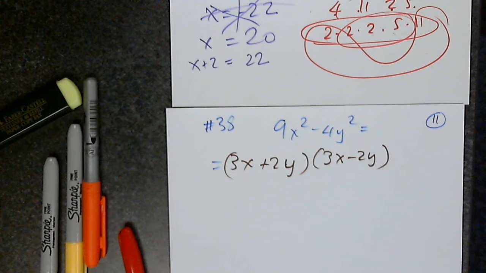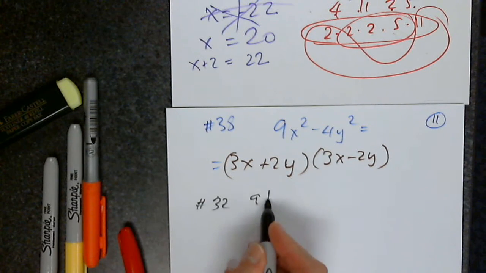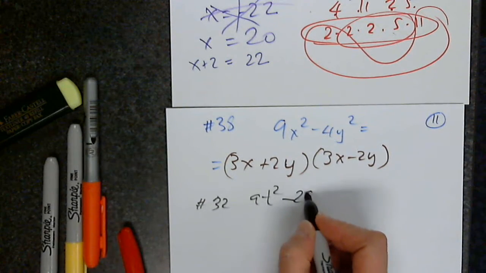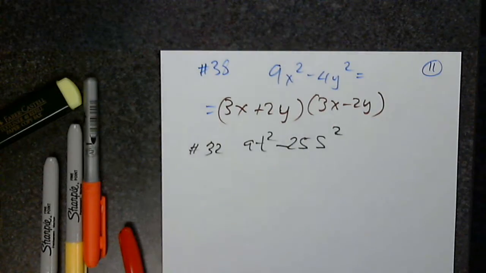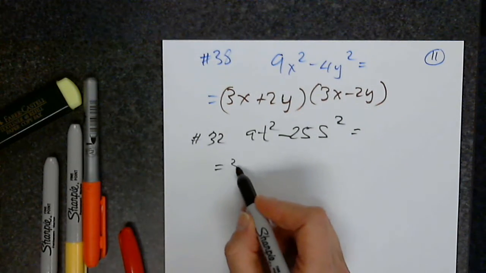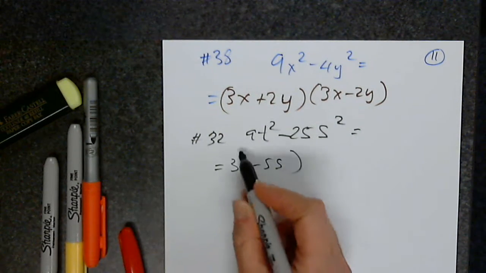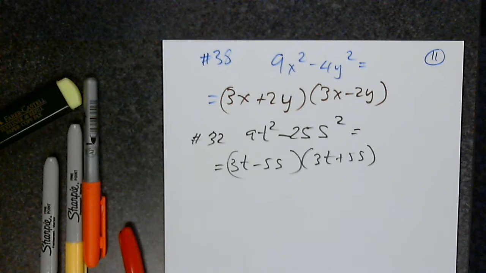Okay, very good. 32: 9t squared minus 25x squared. Can anyone tell us what to do with this? Okay, ready? 3t minus 5x, 3t plus 5x. Good. It's a difference of squares. Very good.